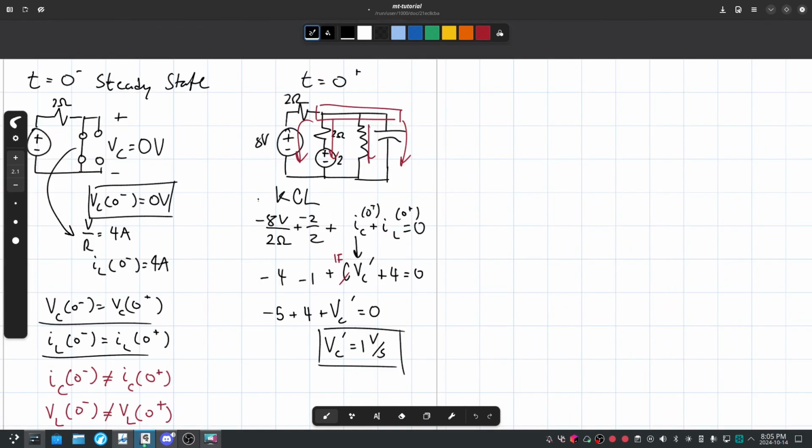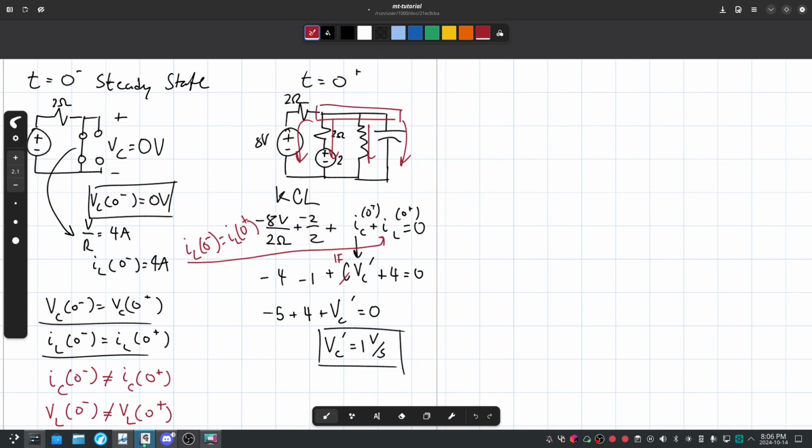The only difference is that we get to carry over this current here into here, right? Because IL at 0 minus is equal to IL at 0 plus. So at exactly t equals 0 plus, we can carry over this information that we solved in the steady state before 0 plus.